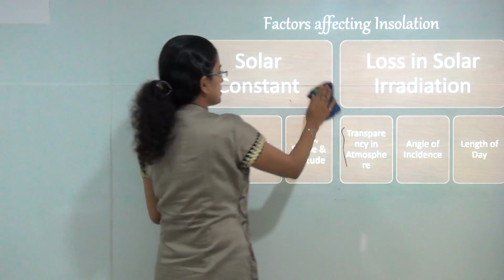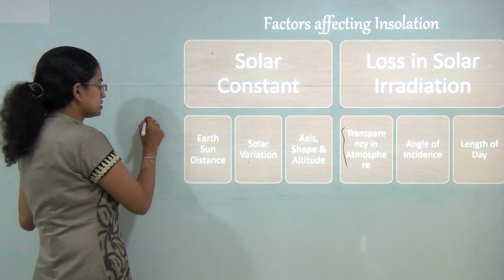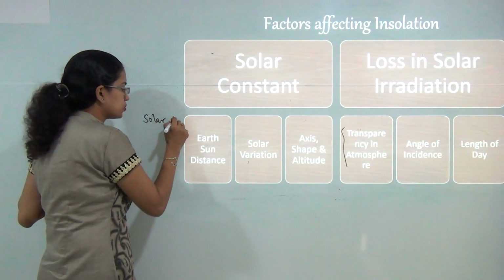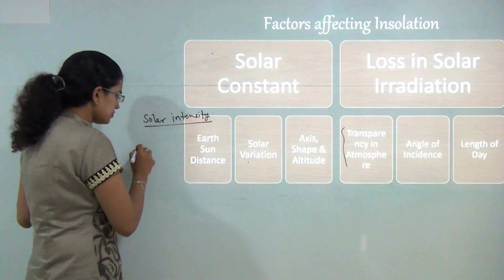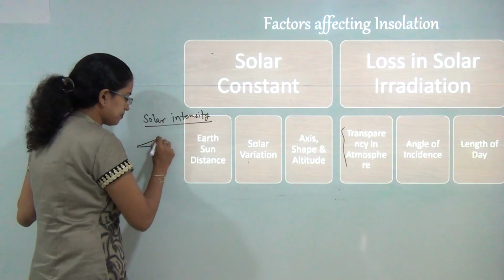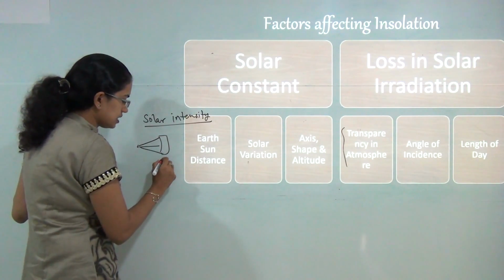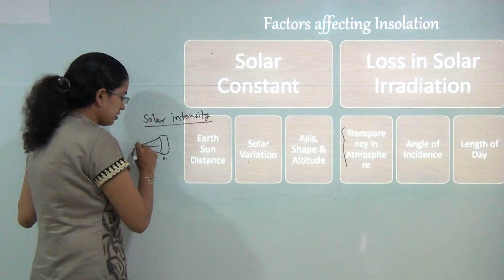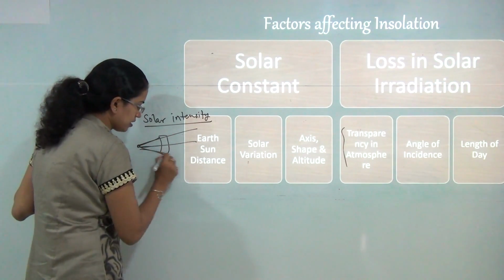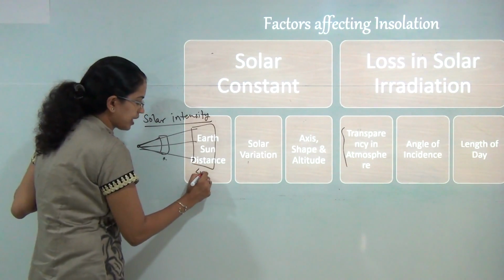Now when we talk about insolation, there are two other important things that we must be clear of. First is the solar intensity and the solar spectrum. Solar intensity can be explained as: if I double the distance, the area covered becomes 4 times. So if this is the area covered at a certain distance from the sun, if I double this distance, the area covered for insolation would become 4 times.